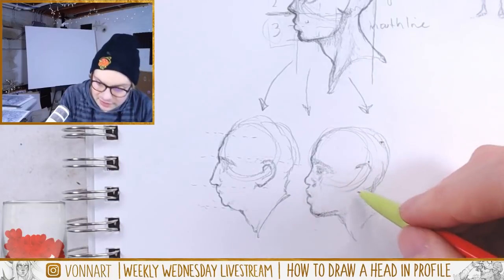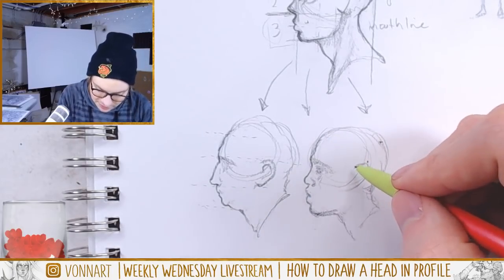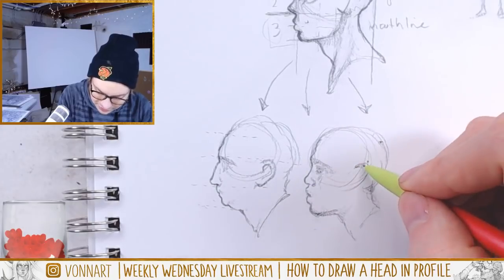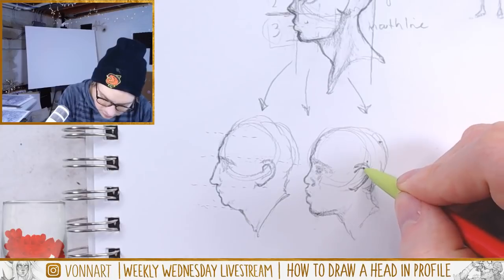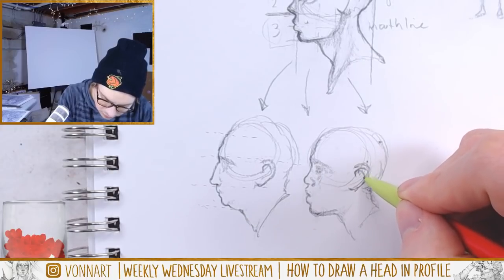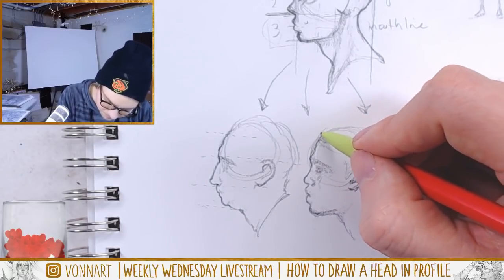And when I'm placing the ear, I'm literally looking at where these lines are. And in my mind, I'm drawing invisible lines connecting them over here. Like that.